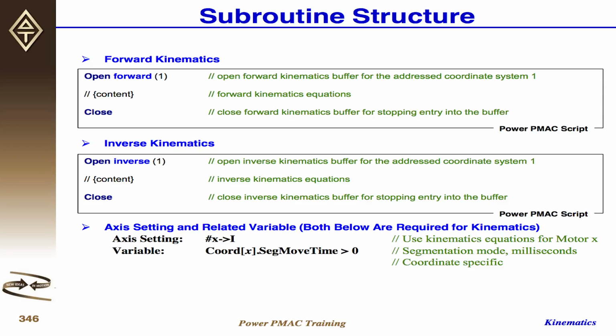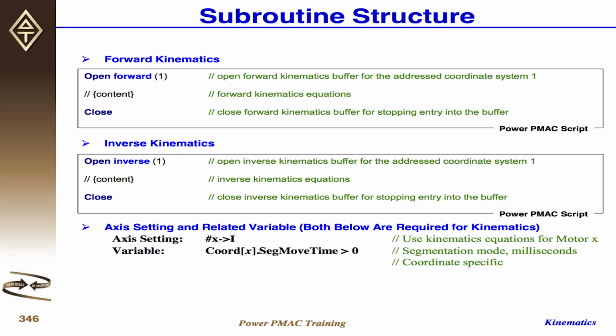This is not really necessary, but we usually indicate which coordinate system you are using for this kinematics, because you can have up to 128 different coordinate systems. And so you have to know which kinematics is used by which coordinate system. That's why you have this label. Okay, so open forward with the number of the coordinate system, and close. These are the contents here. The same thing with inverse kinematics.